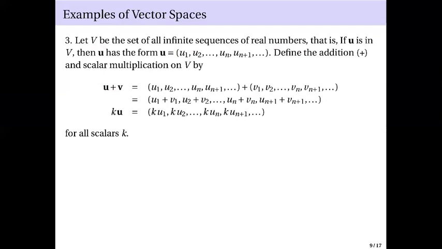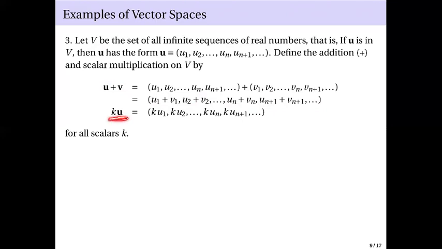If you add respective components, you will only get real numbers. u1 plus v1 is a real number, u2 plus v2 is also a real number, and you do that all the way. And you will still get an infinite sequence. So axiom 1 is satisfied: u plus v will still be an infinite sequence, so it must belong to V.